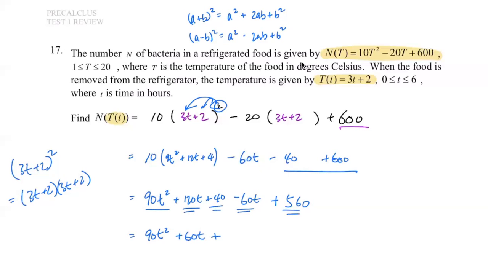I add these two together and I've got 600 back again. So this will be your final expression for the composite function, big N of big T of t. I hope you don't make the careless mistakes that I mentioned earlier. All right.